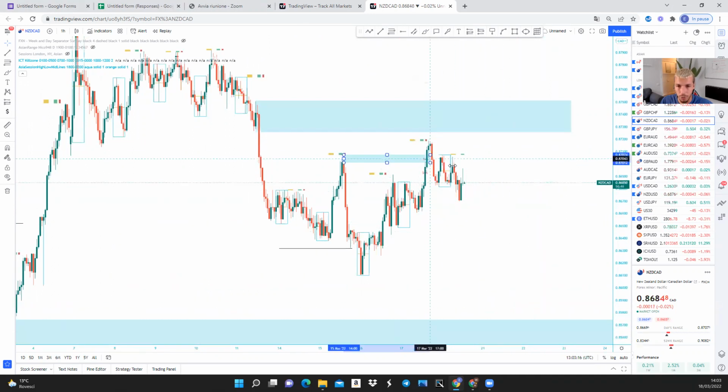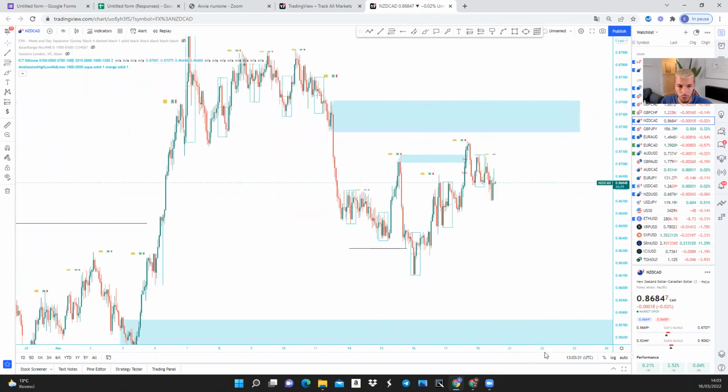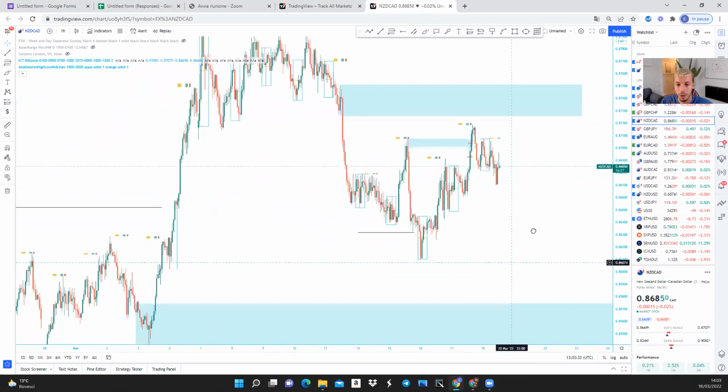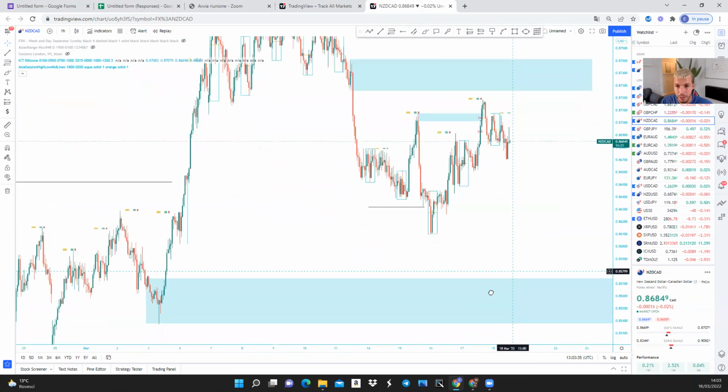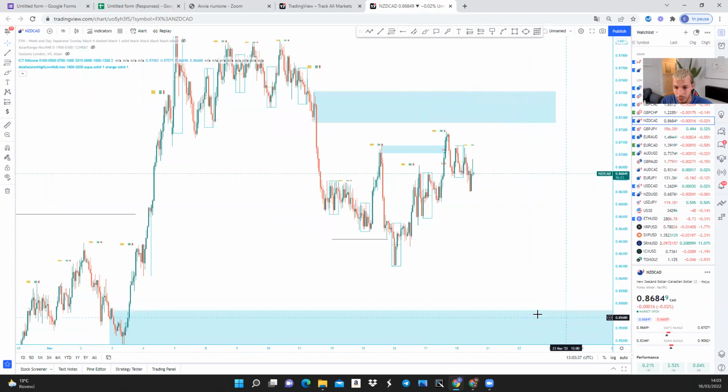Yesterday, I was looking for sells here, which didn't happen. Actually, I will make a case study on this. We broke to the upside, therefore this is a breakout structure to the upside, and then I'm looking for sells from here. So keep in mind, overall we're bullish. I'm looking for buys from this demand, but I'm looking for sells to trade into this demand.